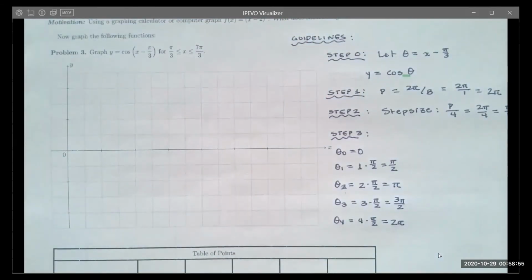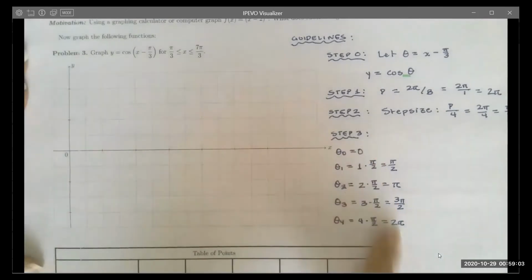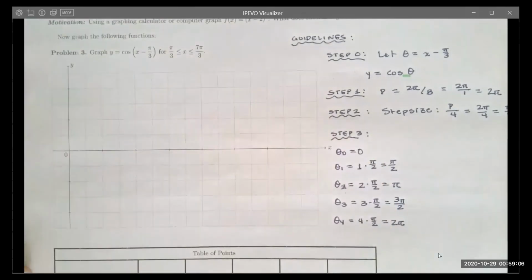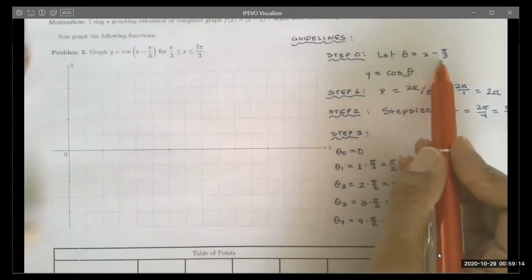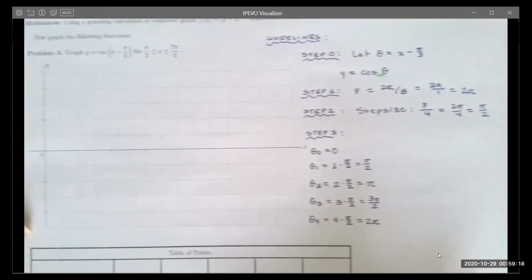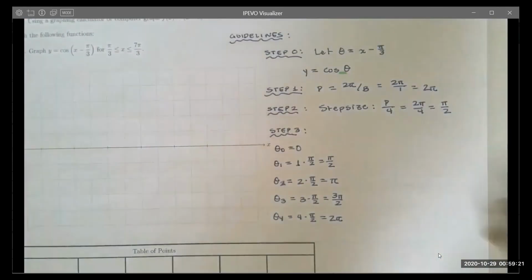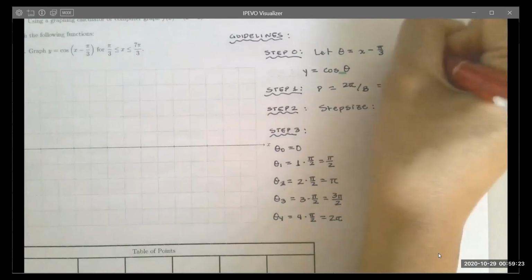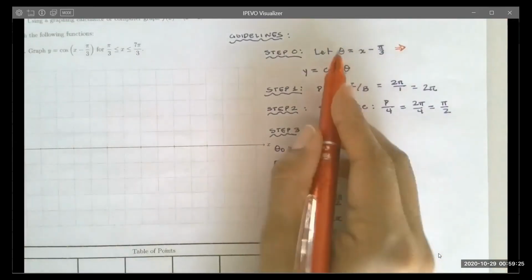Okay, but we're not graphing y versus theta. We're graphing y versus x. So we need to find a way to relate these theta values back to the original variable x. We do have a way to do that because we defined theta equals x minus pi over 3. From this expression, we can solve for x by simply adding pi over 3 to both sides of the equation.